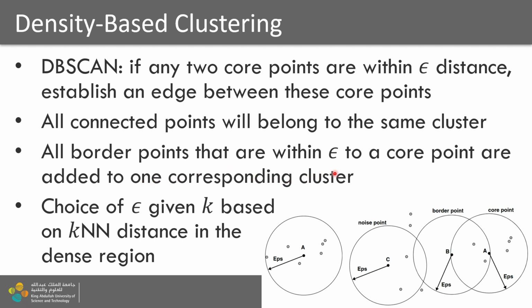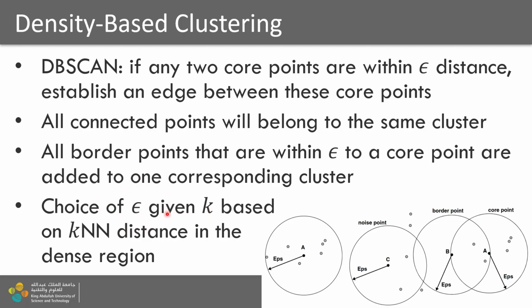And finally, for the algorithm to be specified, if we choose how many neighbors we want to check in the neighborhood, that implies the dense region and what epsilon should be.